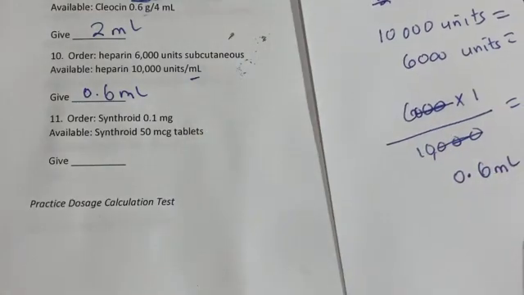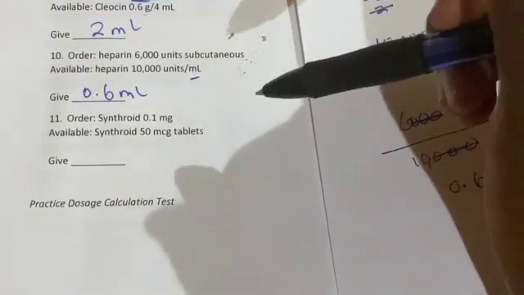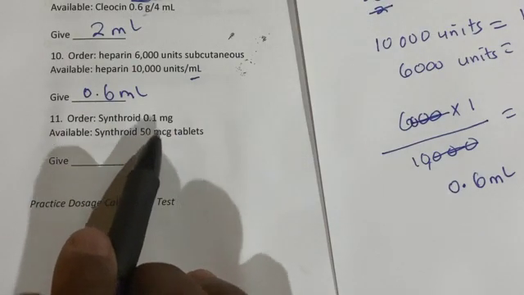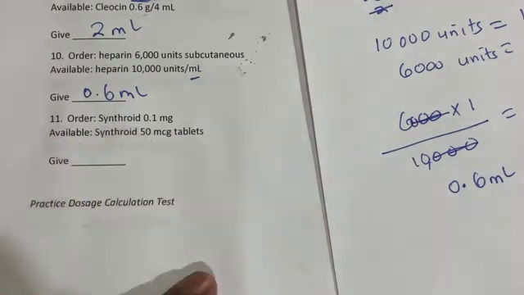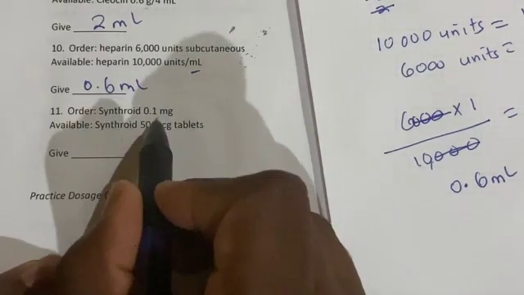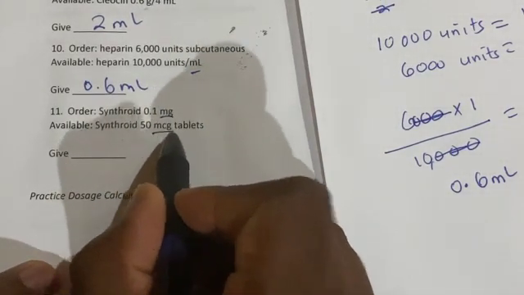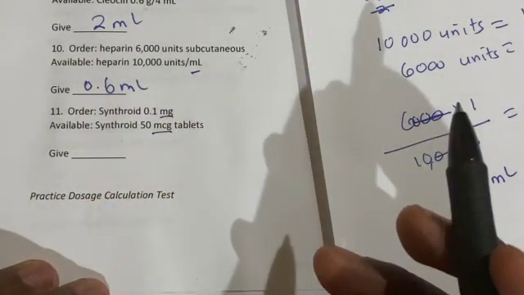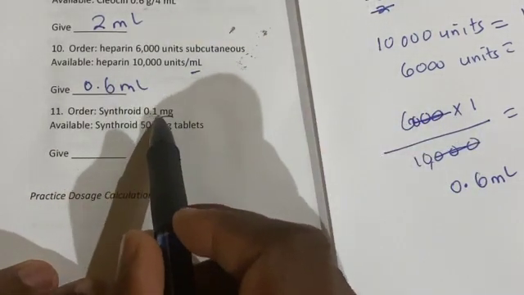All right, the next one is synthroid, 0.1 milligrams. And what is available is synthroid, 50 micrograms. For this one, you see we have different units again. So we need to change the units to be the same. So I will change this one into micrograms.